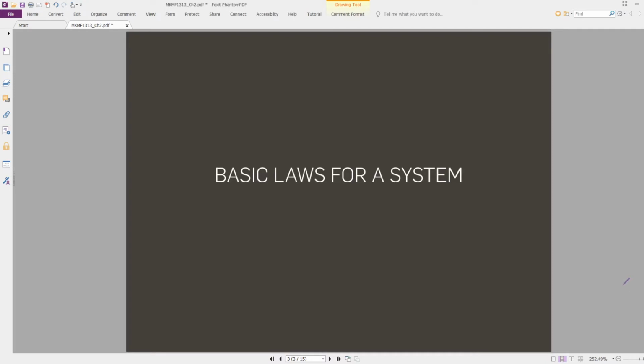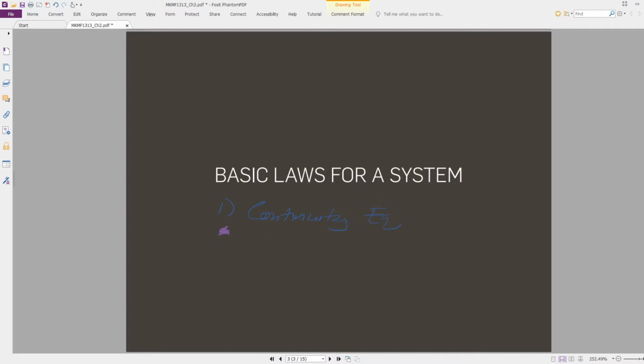So the basic laws of a system dealing with fluid dynamics or aerodynamics actually come from three governing equations. The first one is the conservation law, or the continuity equation.